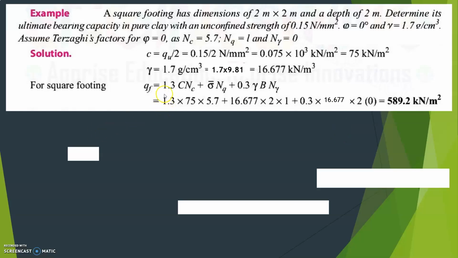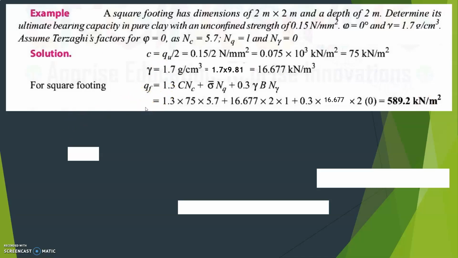So substitute the values, that is QF is equal to 1.3 into C is equal to 75 into NC is 5.7 plus sigma dash, that is gamma D, gamma is 16.677 into D, depth of the footing, that is 2 into NQ is equal to 1, plus 0.3 into gamma is 16.677 into B is 2 meter into N gamma, that is 0. So we get 589.2 kilonewton per meter square. This is the ultimate bearing capacity.